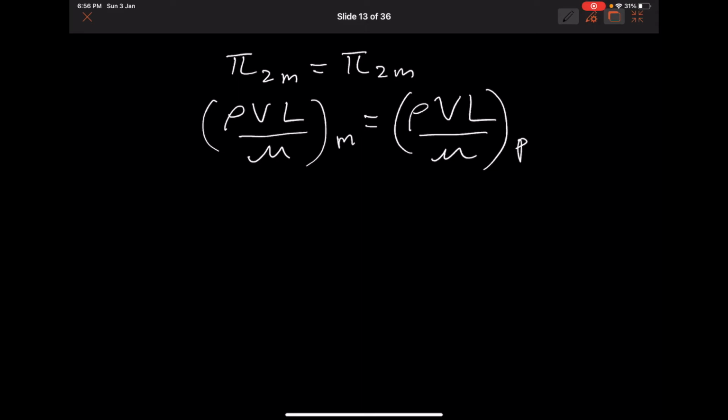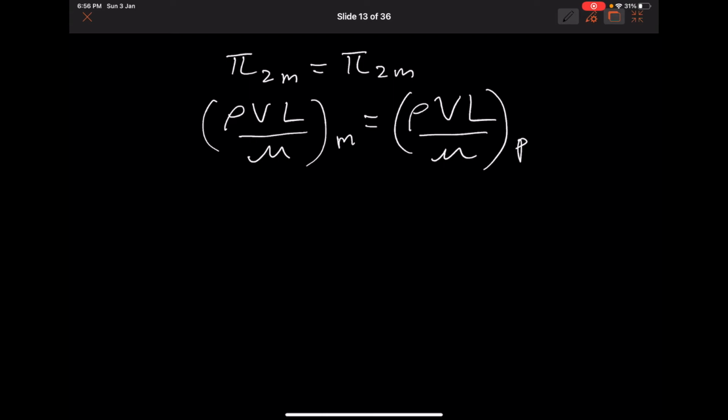And based on this equation, it does not say that the fluid has to be water or air. We can use water, which is of higher density, and use a smaller length for the model to achieve the value here.